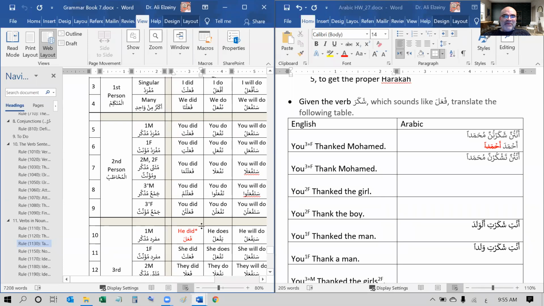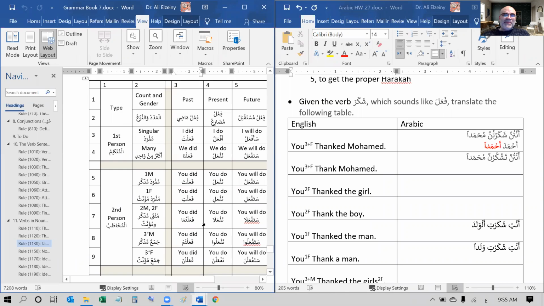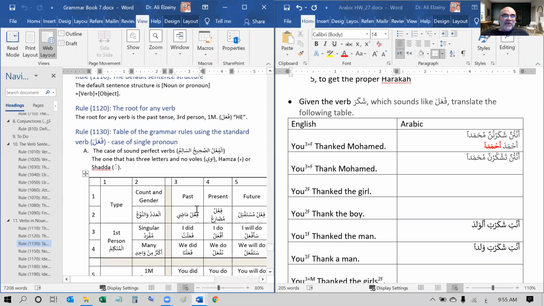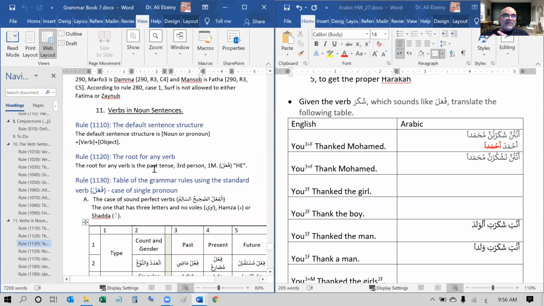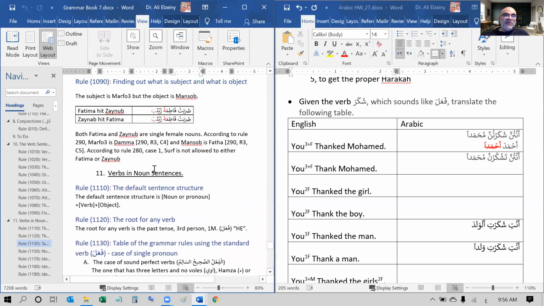And so forth. And remember, we're dealing with the standard sound verb, as we explained here. The sound verb is the verb that doesn't have a vowel, no alif, no waw, no ya. It doesn't have a hamza, it doesn't have a shadda, and it has 3 letters only. There are other kinds of verbs like we explained before here.